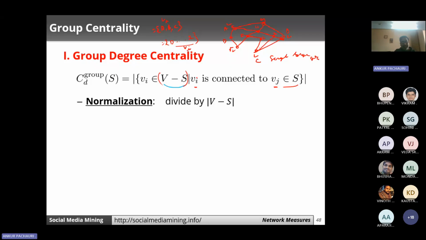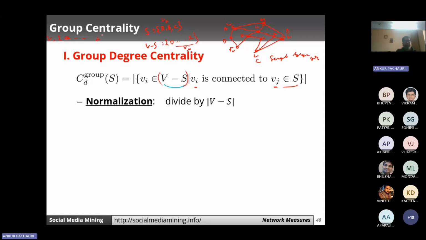Usually S, I have considered in that case, S was considered as the super set. So the other set will be V minus S. Clear now?